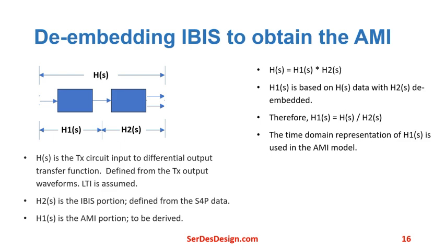Since H(S) is equal to H1(S) times H2(S), then H1(S) is the ratio of H(S) divided by H2(S). These transformations are carried out in the AMI model to obtain the equivalent time domain representation of H2(S) for use in the simulations, and H1(S) for use in the simulations.